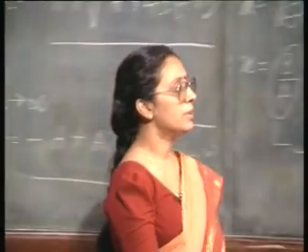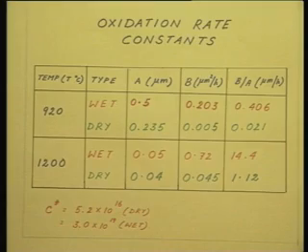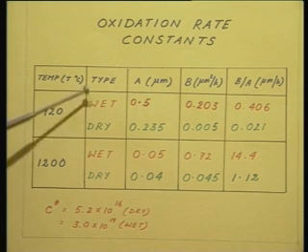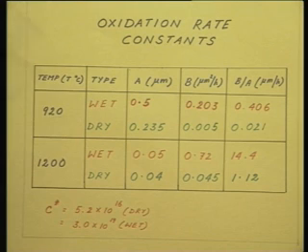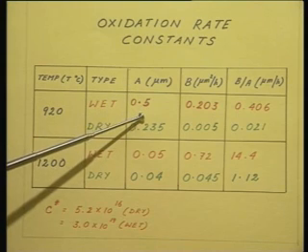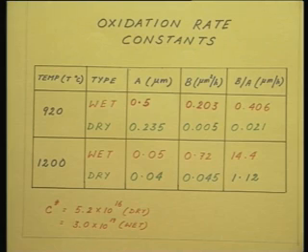Let us have a look at the table here. Concentrate only on one temperature first, let us say 920 degree centigrade. I have two types of oxidation, red is for wet, green is for dry. So, you can see for the wet oxidation A, that is given in micrometer, please notice the units carefully.